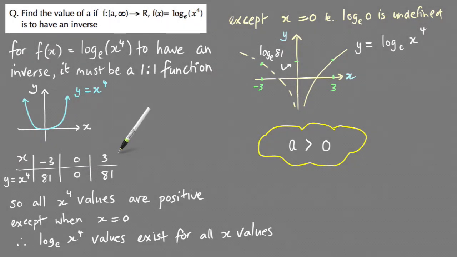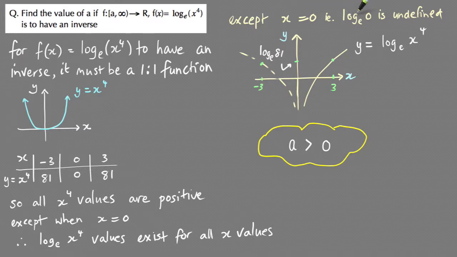So when you sub any other positive x value in, you get a positive y value, and when you sub any other negative number into y equals x to the 4, you get a positive number as well. Therefore all the x to the 4 values are positive except when x equals 0. What that means is that the log e of x to the 4 values exist for all x values except x equals 0.